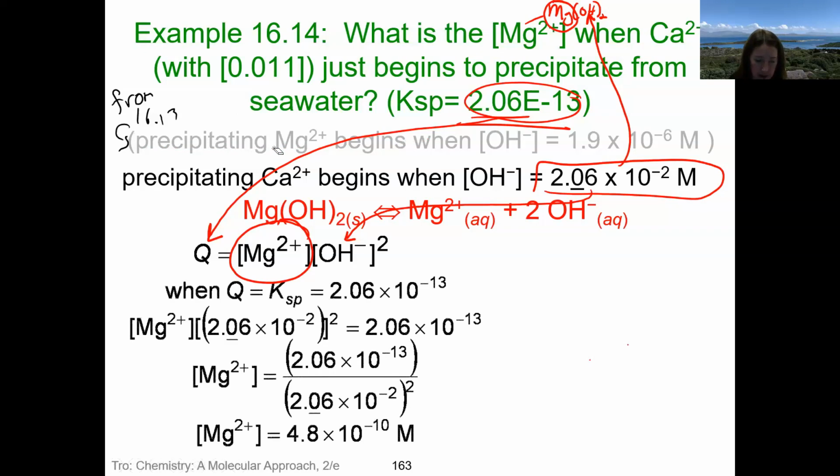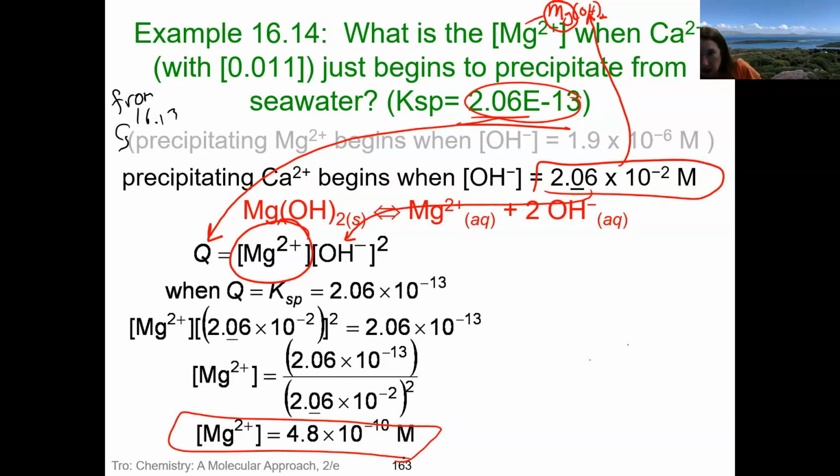So when we do that, I just plug this all in, solve for them both, right? They're a little similar because they're both 2.06, but check out the exponents. They are not the same. And we get this. Okay, so what does this even mean? So this means when our calcium begins to precipitate out, the magnesium's concentration is 4.8 times 10 to the negative 10th.